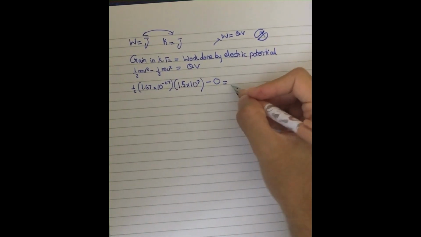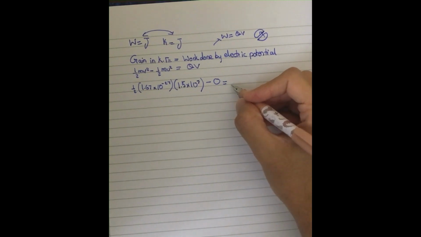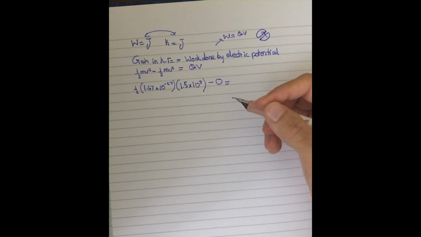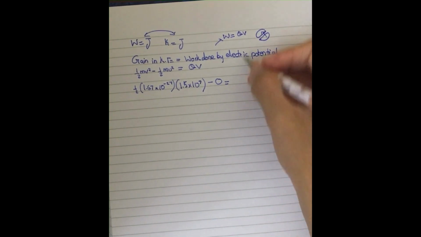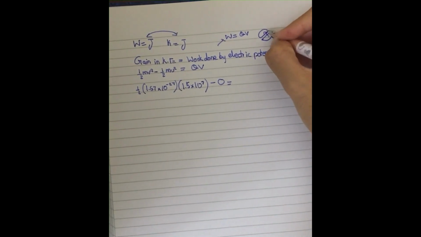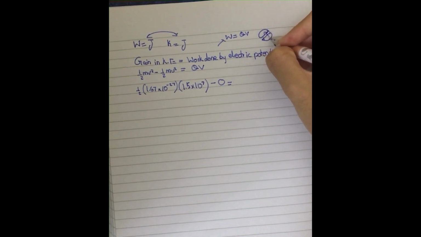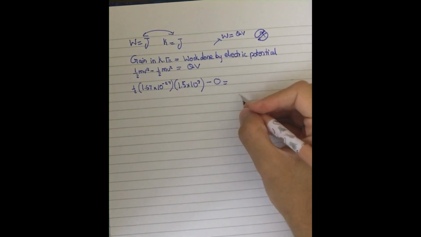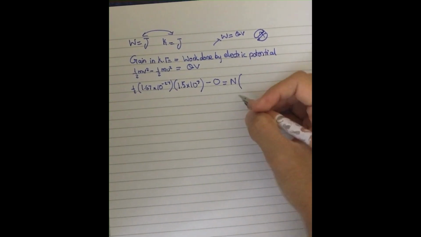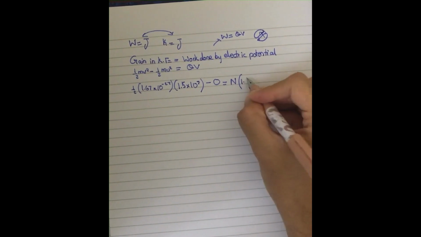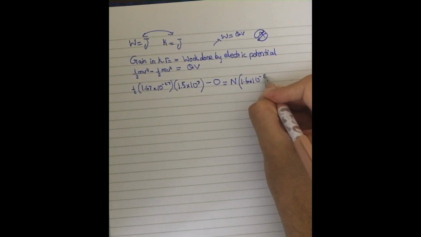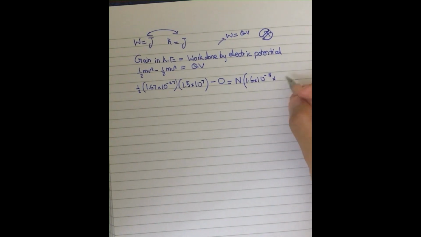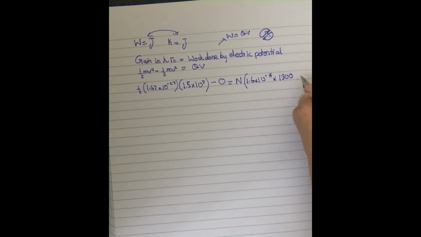Now we need to find n also, because we need to know how many turns are done by it. As we move from here, this is one turn, second turn, third, fourth, fifth, sixth. So number of turns, multiplied by the charge, which is 1.6 times 10 to the power minus 19, and by the electric potential, which is 1300.